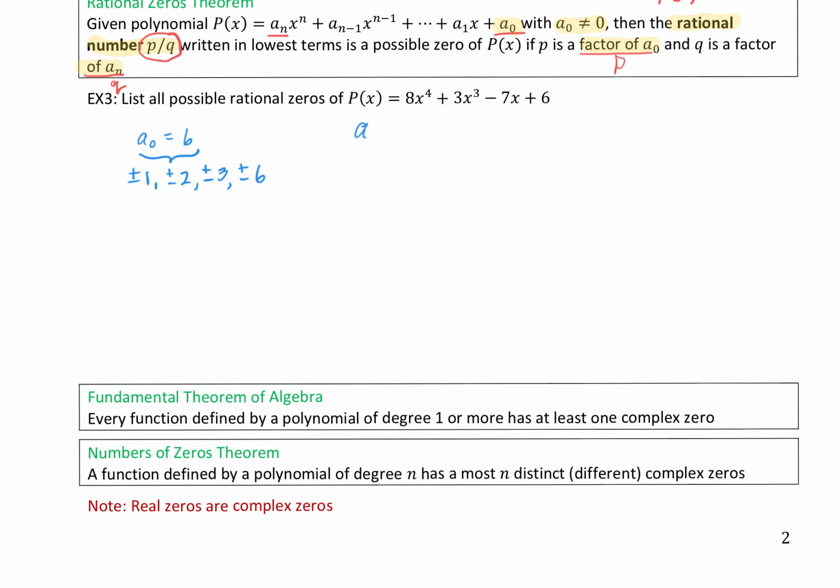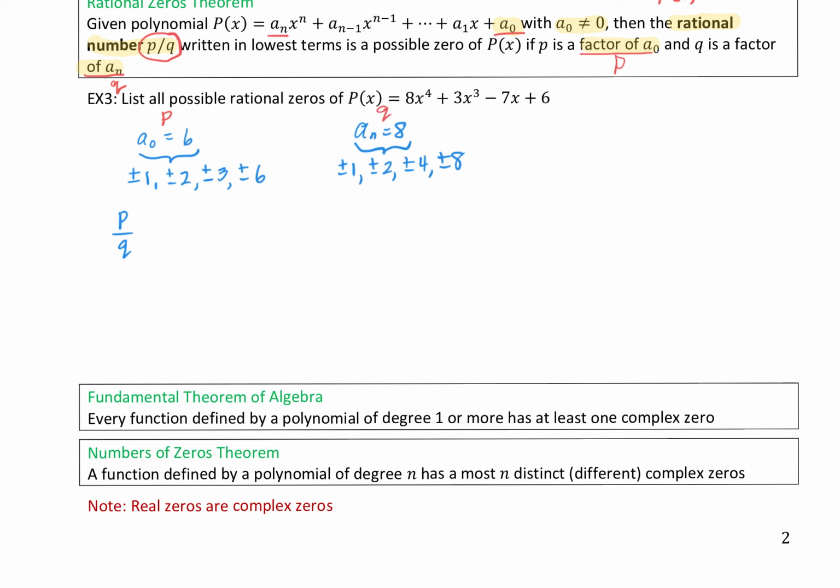Now our a sub n, that's 8. If I were to list all the factors there: plus minus 1, plus minus 2, plus minus 4, plus minus 8. So if we have to list our p over q, remember the p goes with your a sub 0, q goes with your a sub n.